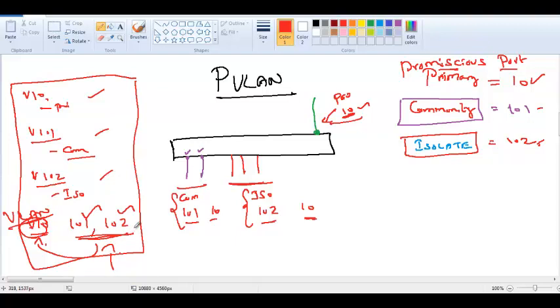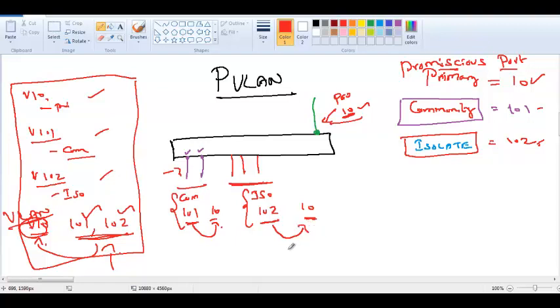And then we have a community group, under which we say you belong to community 101, which has primary VLAN 10. Here we say you belong to isolate VLAN 102, which is mapped to primary VLAN 10.